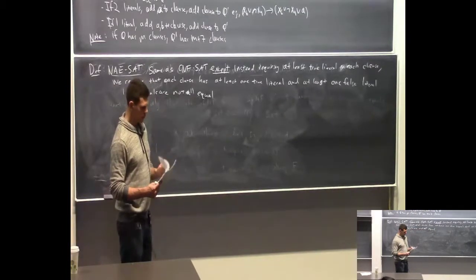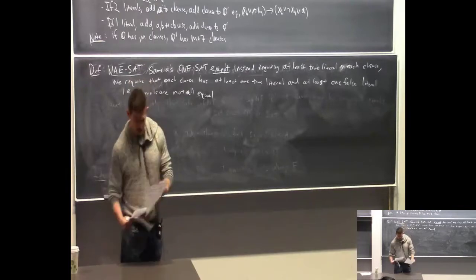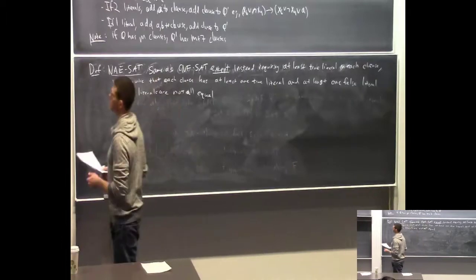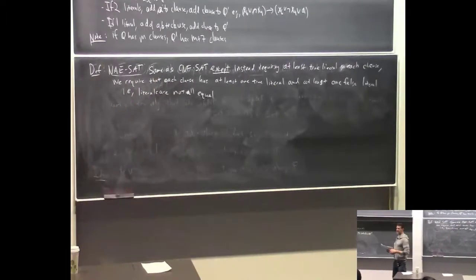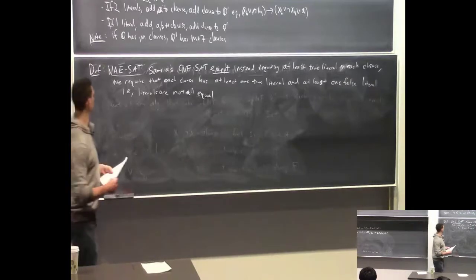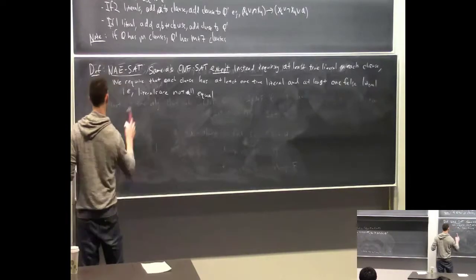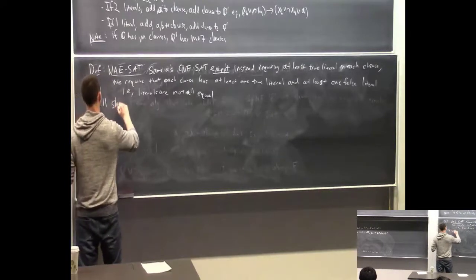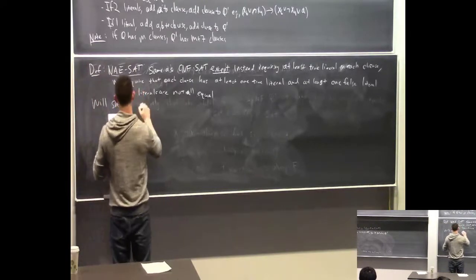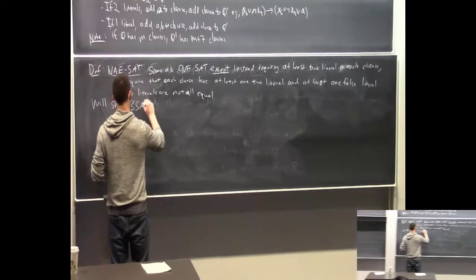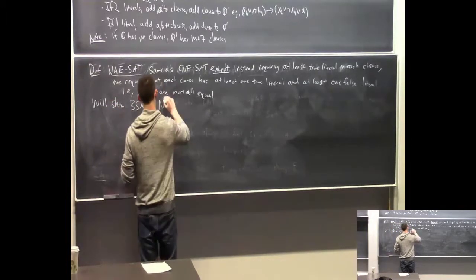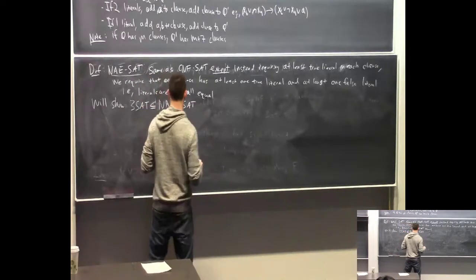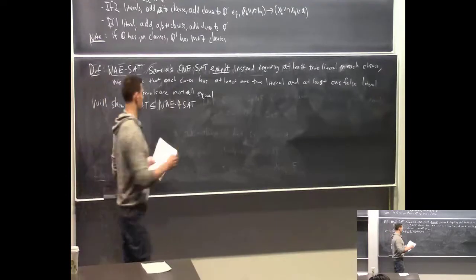So we're going to do this in 2 steps. We're going to go via NAE-4-SAT actually. So we're going to do it like this. And NAE-4-SAT is exactly what you think it is, at most 4 literals per clause.